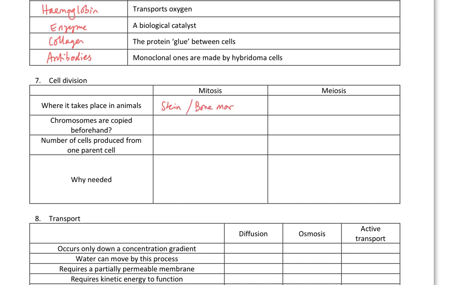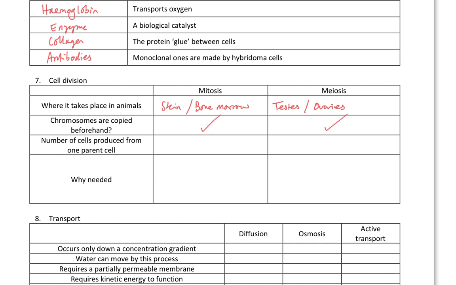If you remember year 9, where are stem cells? They're in the skin and the bone marrow. My brain cells are never doing mitosis. Meiosis in animals, I'd be going for the testes, ovaries, not sperm. Sperm are a product of meiosis. They don't do meiosis. Chromosomes are copied beforehand.